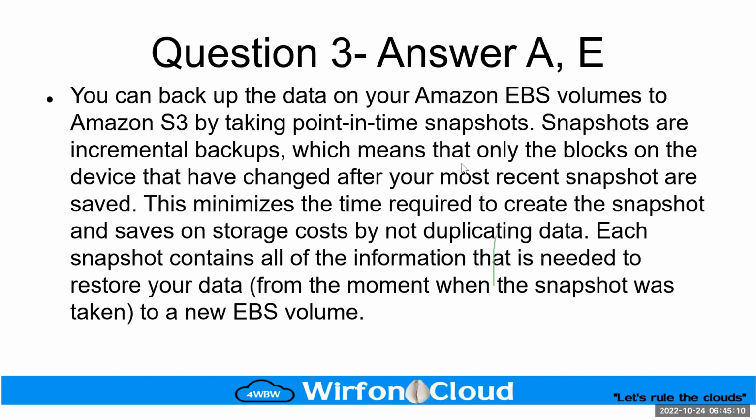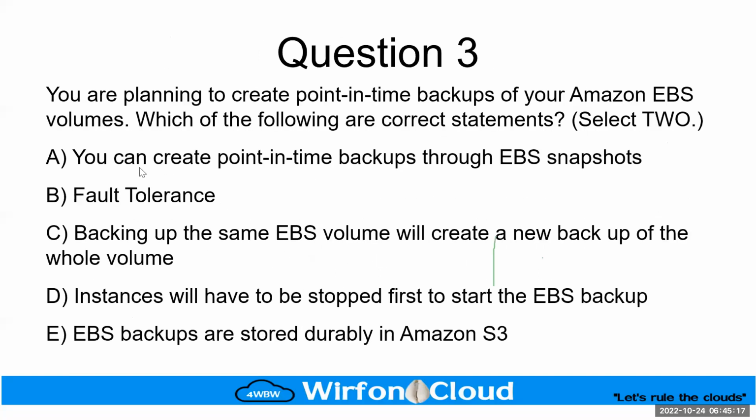So let's see that. Actually it's A and E. You can create point-in-time backups through EBS snapshots, of course. The problem with D is that it says instances will be stopped first to start the EBS backup. No, that's not the case.